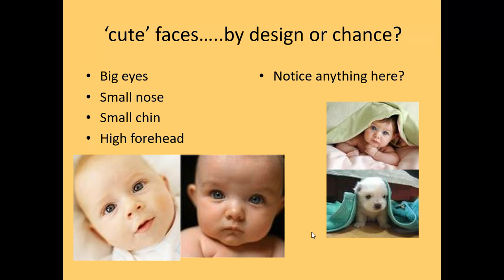And Bowlby's idea is that this is an adaptive response, is that infants have features which are referred to as social releasers, which we'll come to later on, that make them seem appealing to other people. So that helps them form an attachment. So babies are designed to look cute. It's called a social releaser, and it's to encourage an attachment with a caregiver.